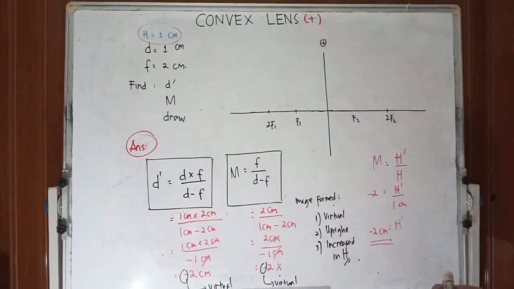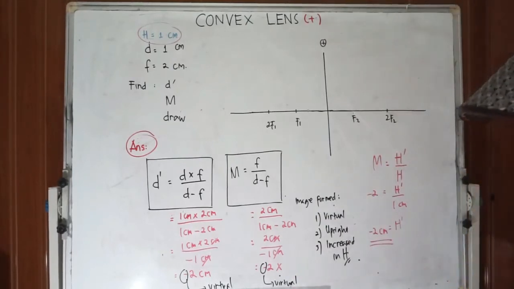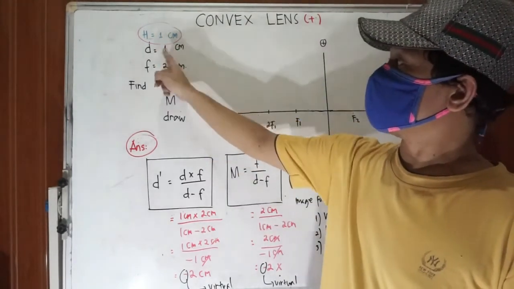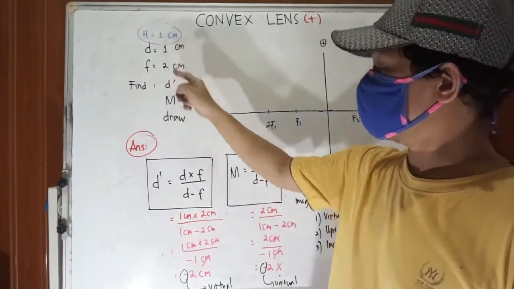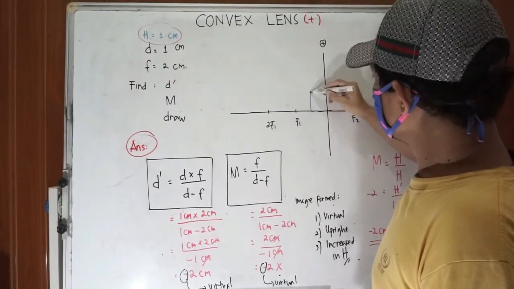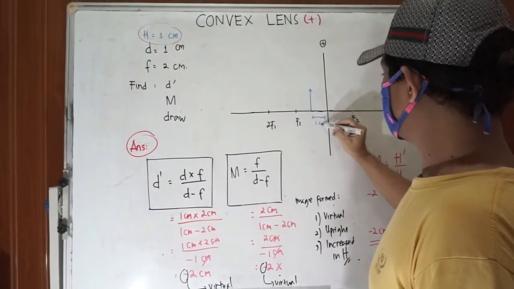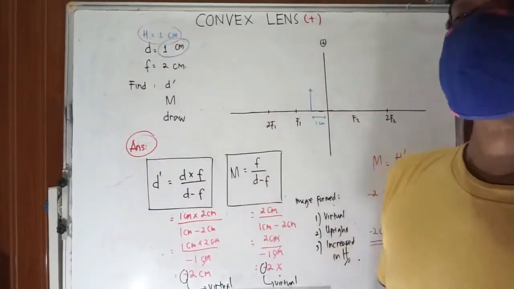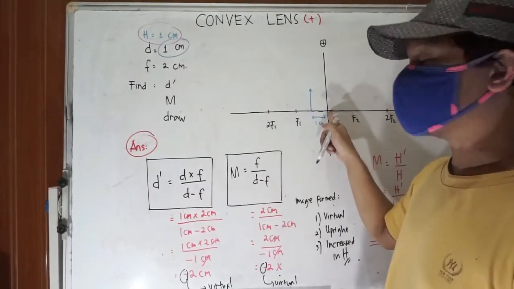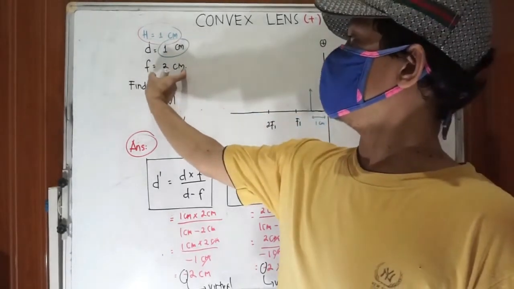How to draw, or the process of forming the image height and image distance. Okay, the height is 1 centimeter and the distance is 1 centimeter, so it means here. We have to count from the center line of the object, 1 centimeter, because the focal length is 2 centimeter.